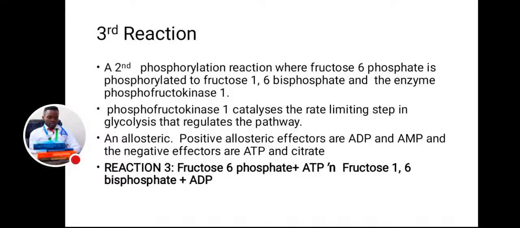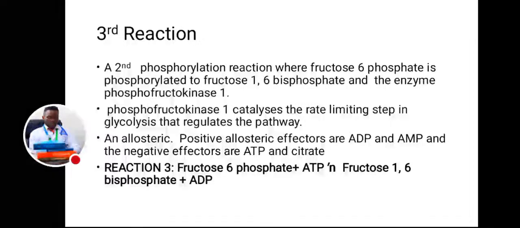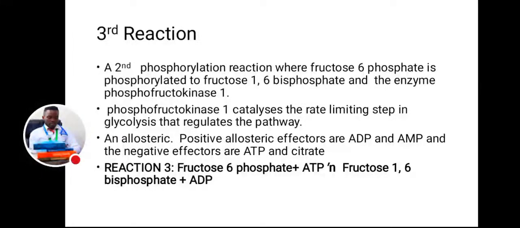So the positive effectors are ADP and AMP, then the negative effectors include ATP and citrate. Reaction number 3: fructose 6-phosphate reacts with ATP to give us fructose 1,6-bisphosphate plus ADP. So in here, we have fructose 6-phosphate reacting with ATP, giving us fructose 1,6-bisphosphate.